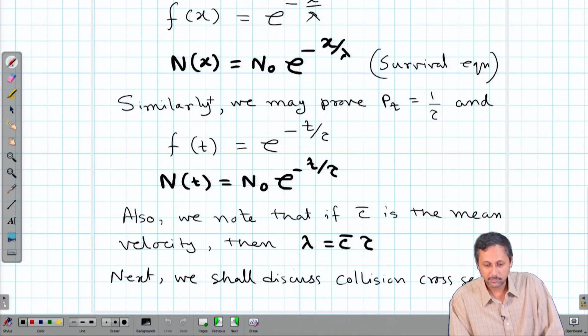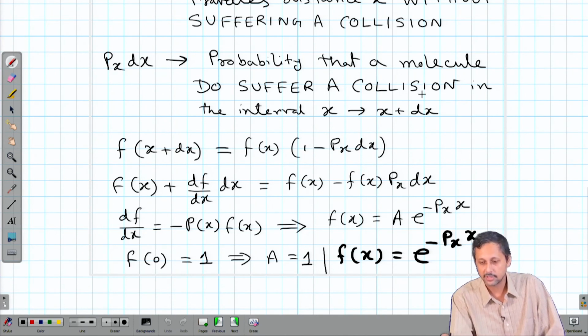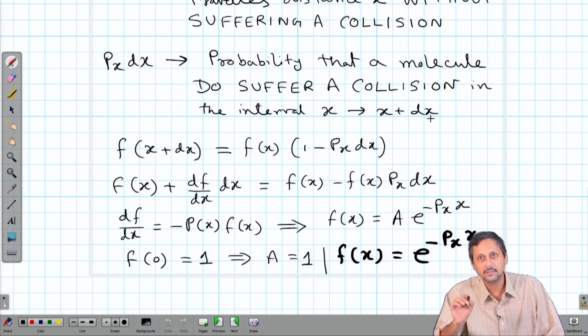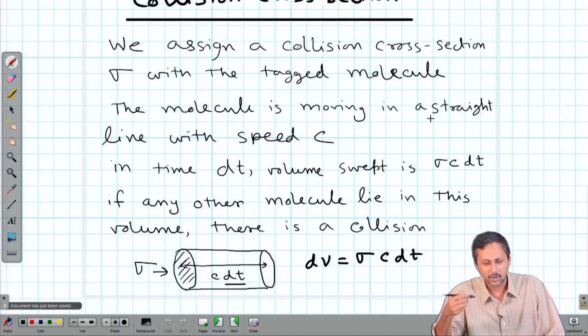Please remember what was in our treatment, what was Px dx, the probability that a molecule does suffer a collision in the interval x to x plus dx. Similarly, Pt dt is the probability that a molecule does suffer a collision in the interval t to t plus dt. So, they are basically similar parameters, one defined in space, the other in time.